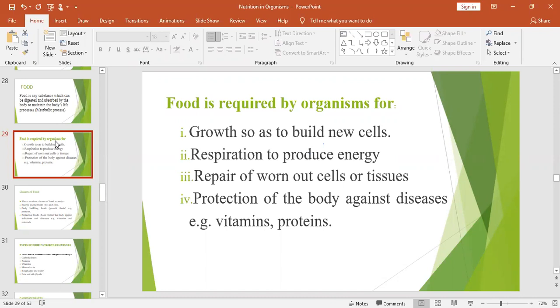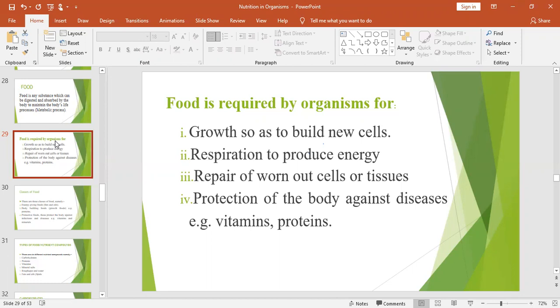Then we have repair of worn out cells and tissues. Remember, every day you bathe, you are scrubbing yourself, you remove millions of cells. Every time you shave your hair, where do you think the new ones come from? It is because new cells are being produced, and they replace those that are dead and worn out. Therefore, even if you have shaved your hair, it keeps on growing.